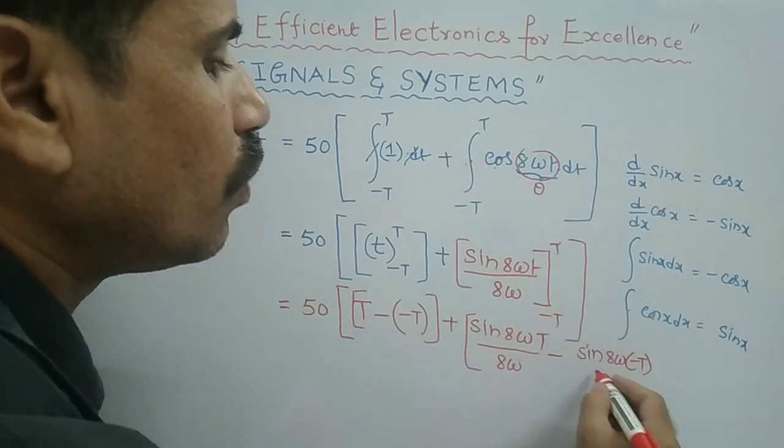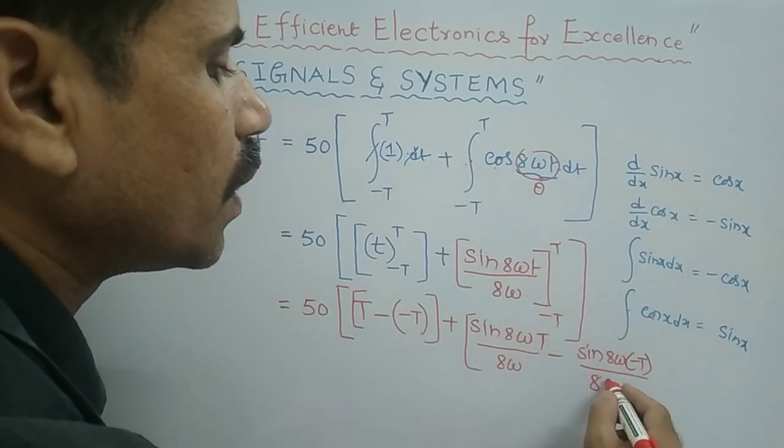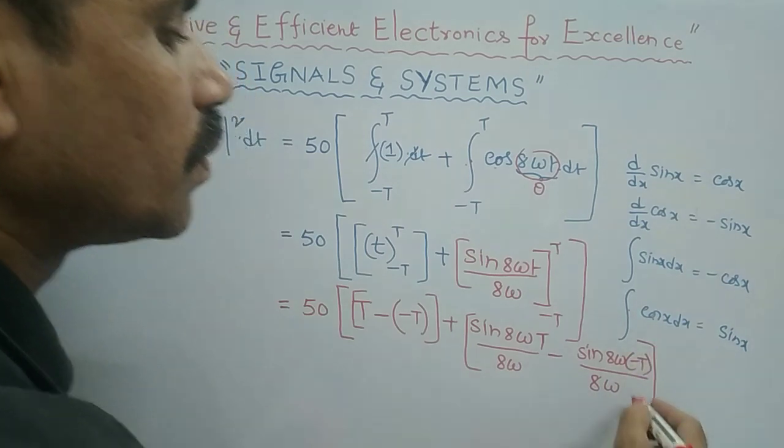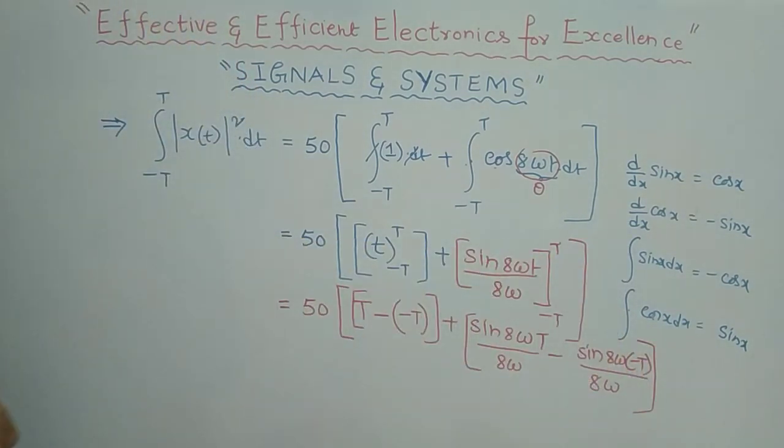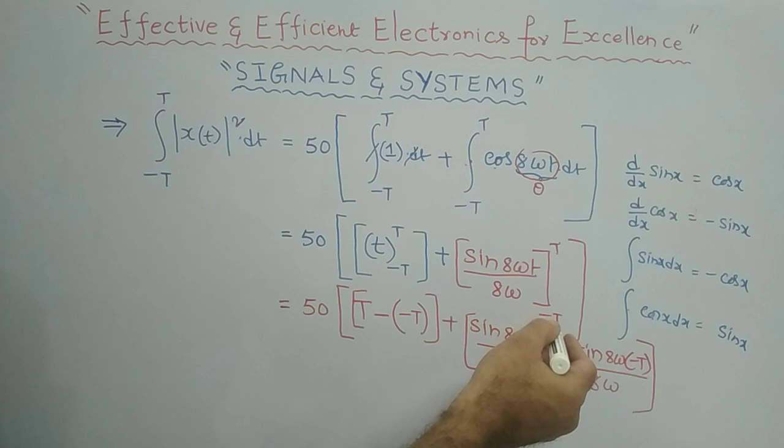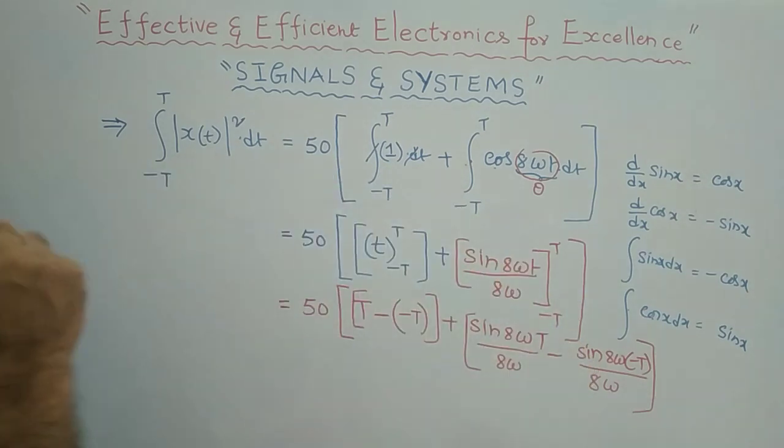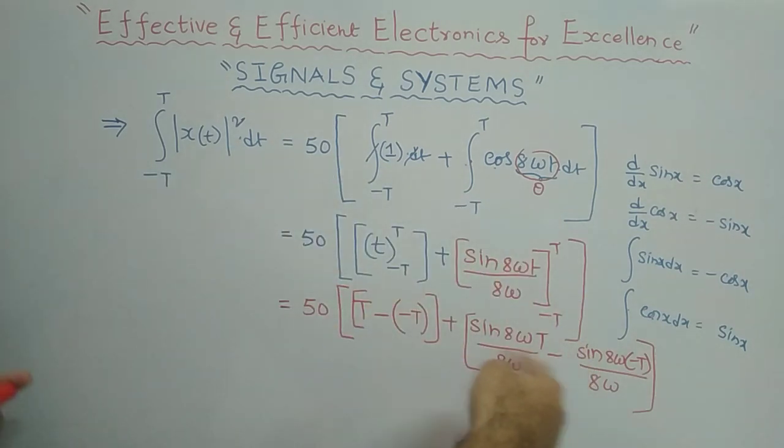In place of t you have to apply minus t, that's it, 8 omega. This is after application of the limits, upper limit and then lower limit in place of t. Then it becomes like this only.